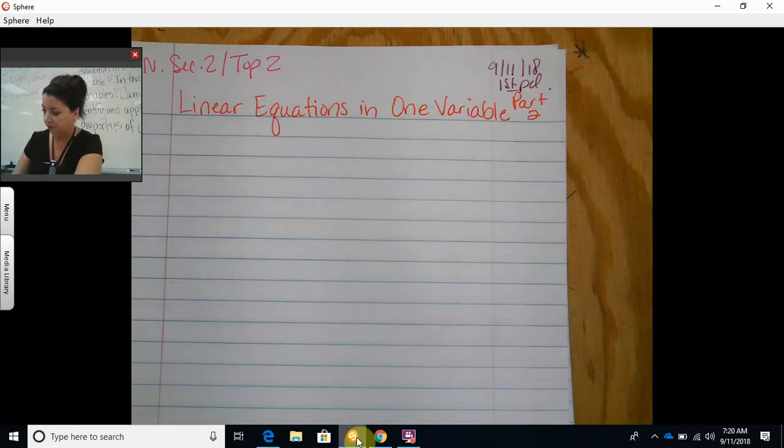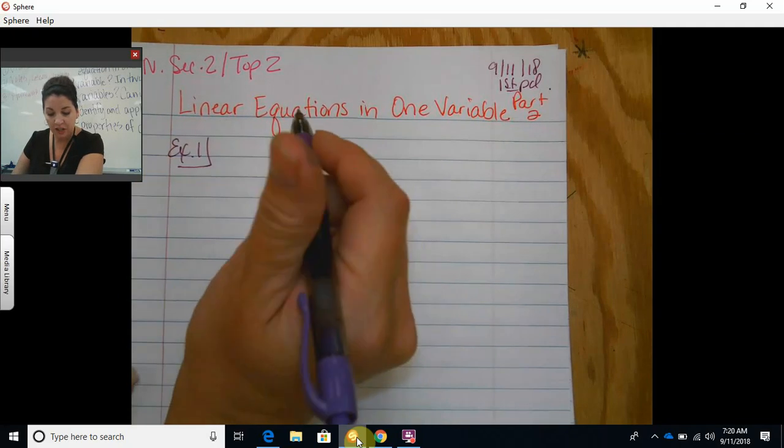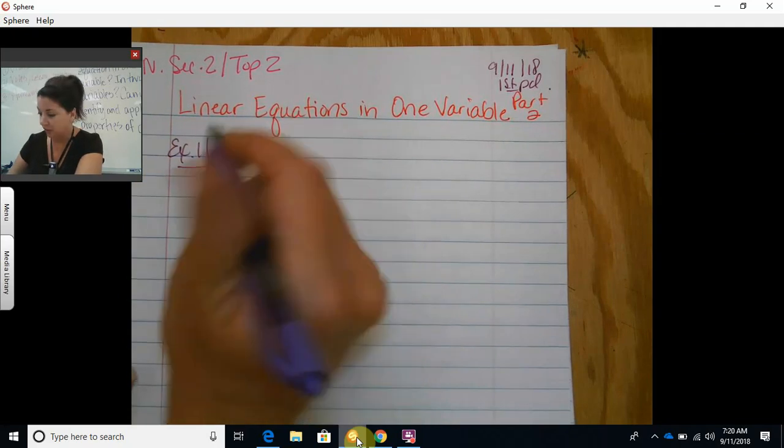Okay, example 1. Two people are installing pavers in your neighbor's backyard.